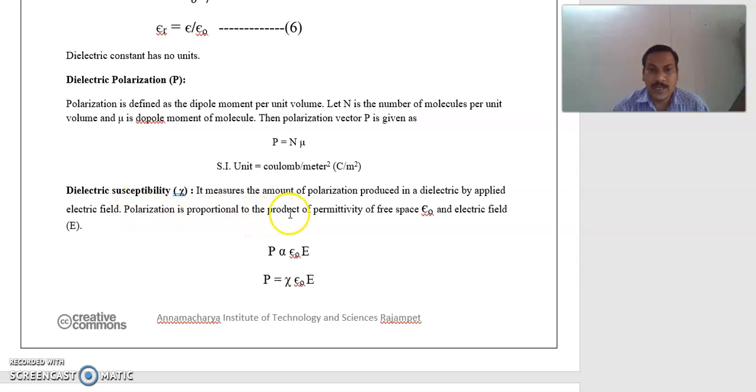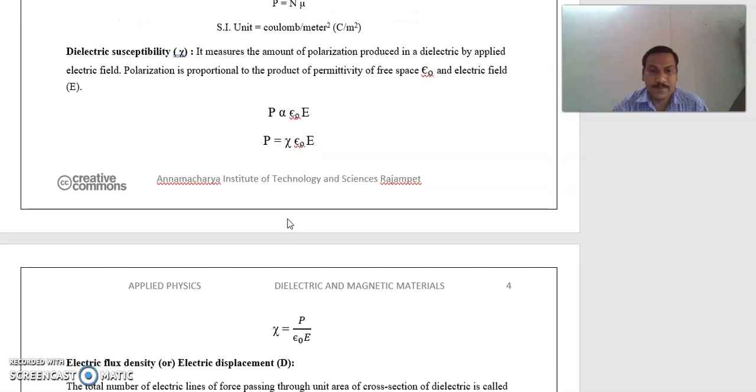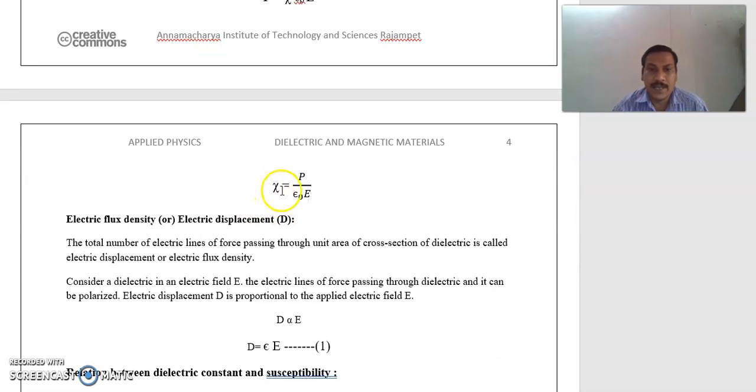Polarization is proportional to the product of the permittivity of free space epsilon naught and the electric field capital E, so we can write P proportional to epsilon naught into E. P equals chi epsilon naught into E, where we are replacing proportionality with an equal symbol, and we introduce another factor, chi, the susceptibility, where dielectric susceptibility chi equals P by epsilon naught E.